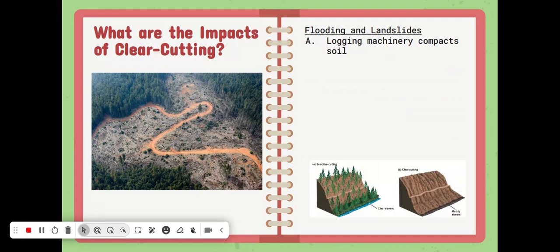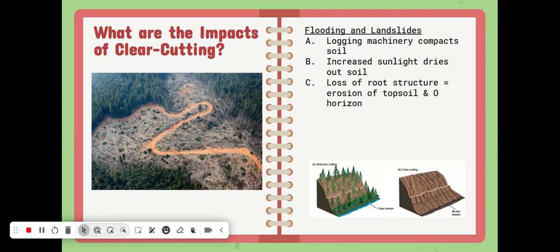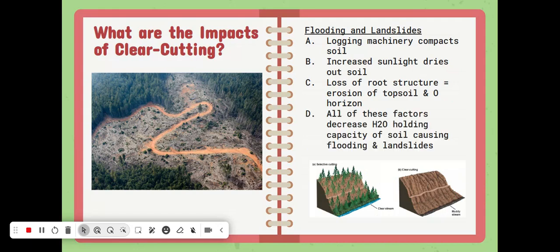Now, what about flooding and landslides? A lot of the machinery used for logging purposes can unfortunately compact a lot of the soil. This can increase sunlight and dry out the soil. We once again see a loss of root structure, which equals an erosion of topsoil and the O horizon as well.